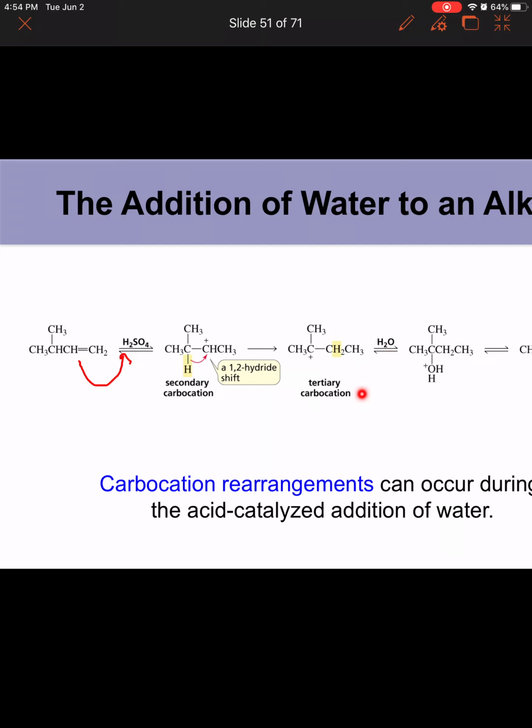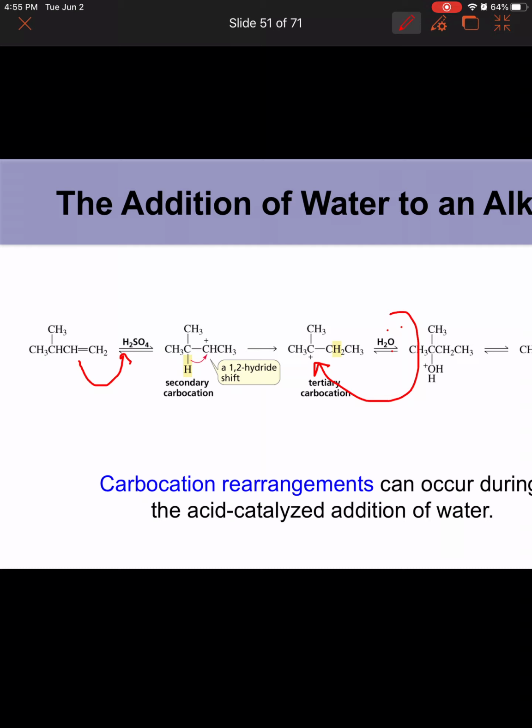First the water will go to the carbocation. If this is your lone pair on oxygen, the oxygen of the water molecule goes and attacks the carbocation.